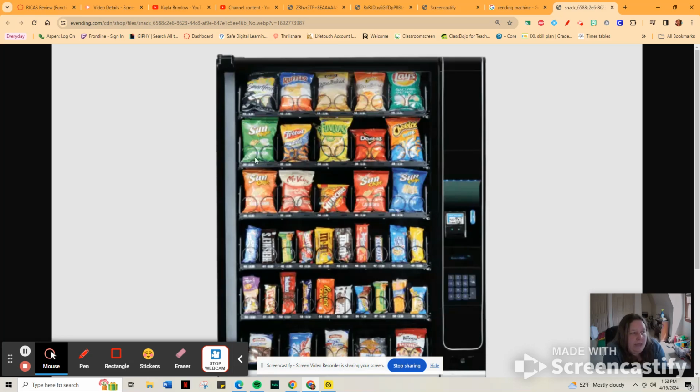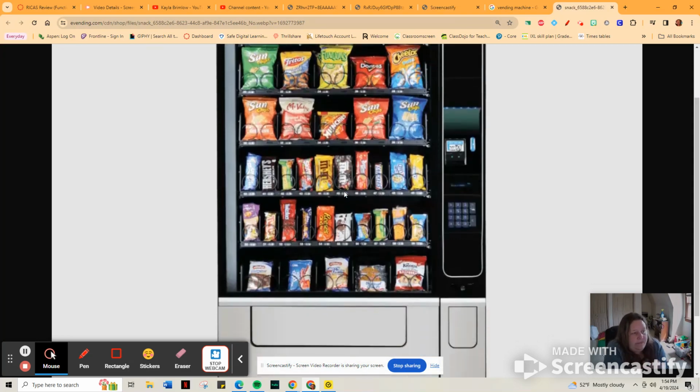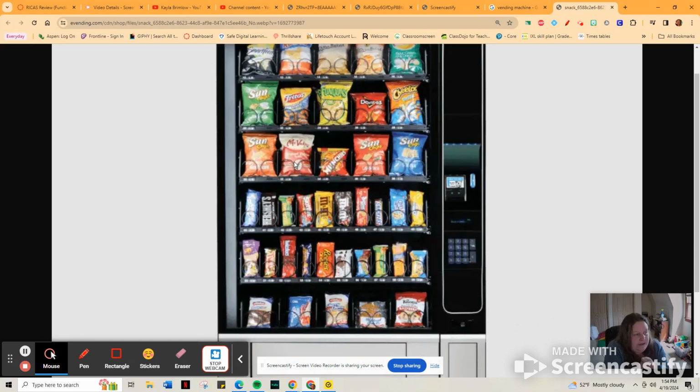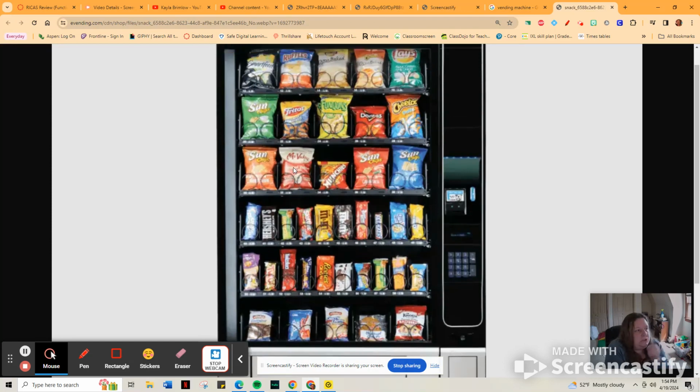Now, if I type that code A1 and I get 2 snacks, let's say I get smart food and Ruffles, that's great for me, but there's something wrong with the machine. It's not functioning, it's not working, okay? Now, one thing to know about a vending machine as well is that you could have the same snack in multiple places.